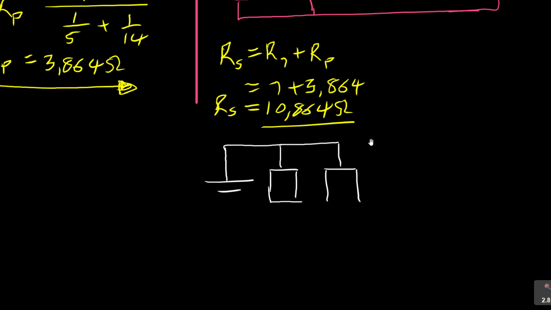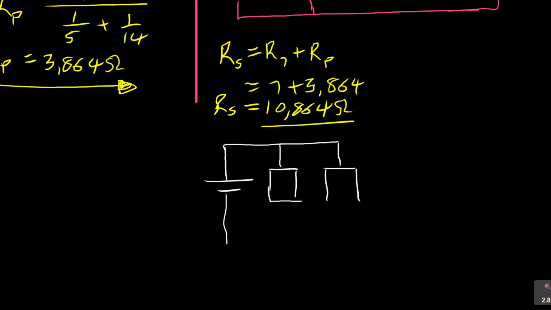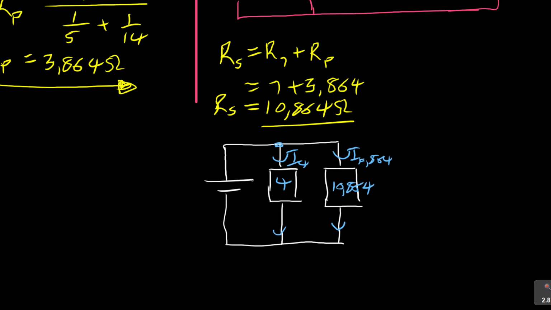This is how this circuit has finally come up, whereby here you have your 4. Now this is our 10,864. So you've got I4 coming, and then you've got I10,864, because I've been naming it. It will end up looking the same. Look, different currents, it means they are parallel.